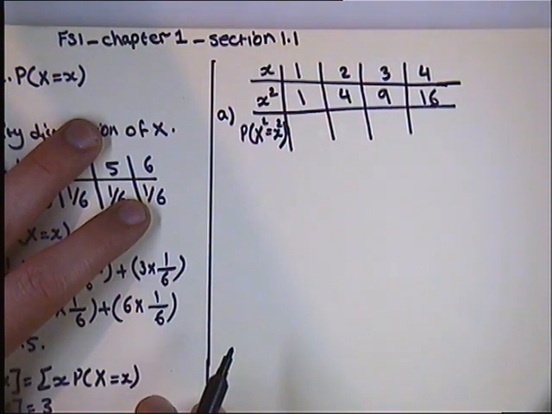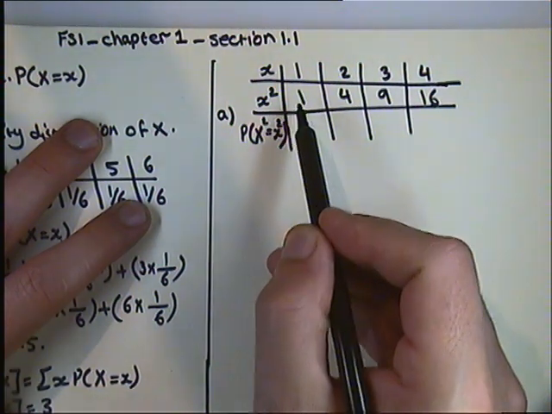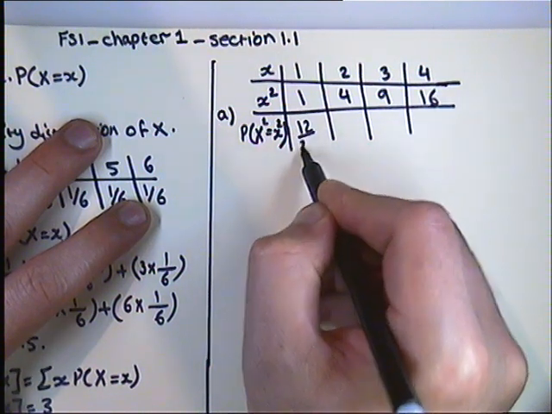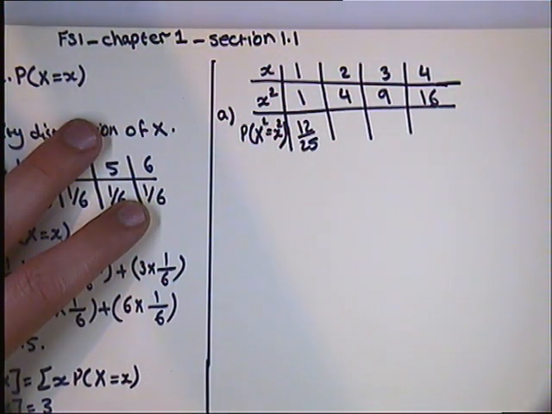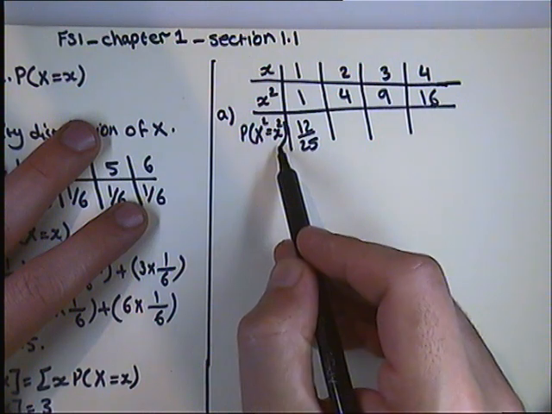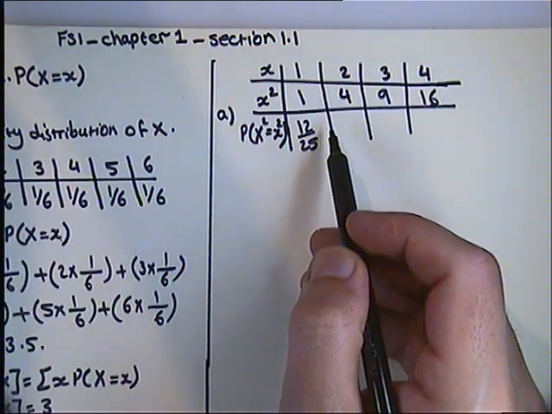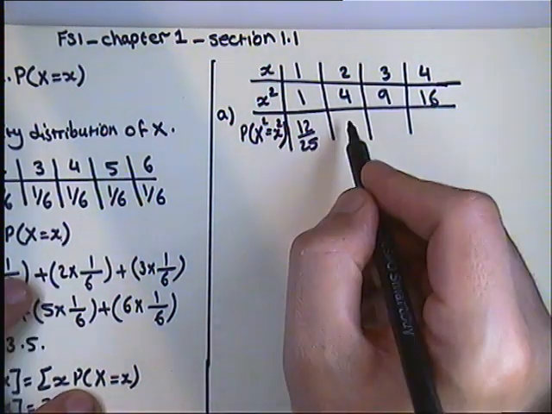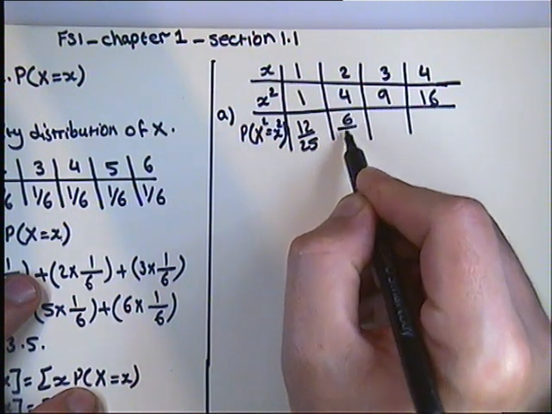So the probability of x squared equal to 1 is 12 over 25, because from the question the probability of random variable x equals 1 is 12 over 25. The probability of x squared equal to 4 is 6 over 25.